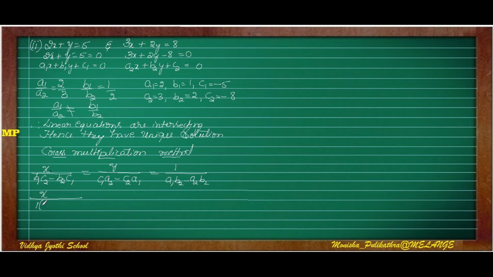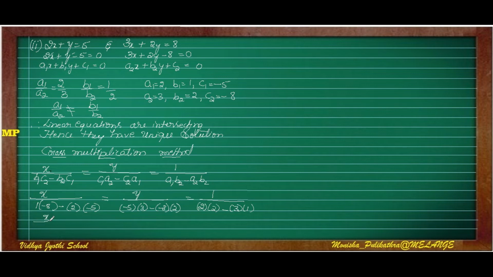So x divided by b1 c2 minus b2 c1, that is 1 into minus 8 minus 2 into minus 5, is equal to y divided by minus 5 into 3 minus of minus 8 into 2, is equal to 1 divided by 2 into 2 minus 3 into 1.